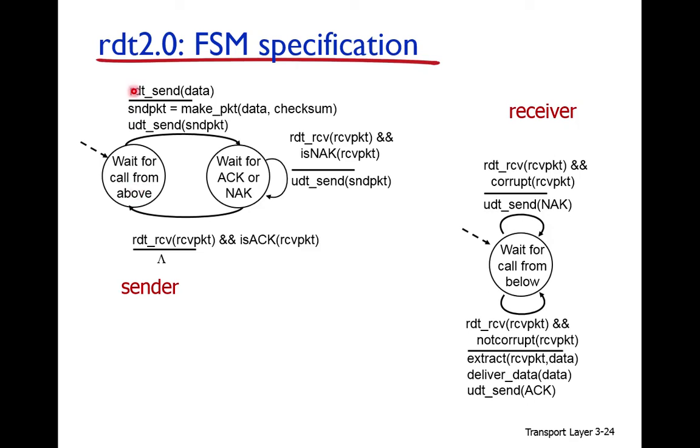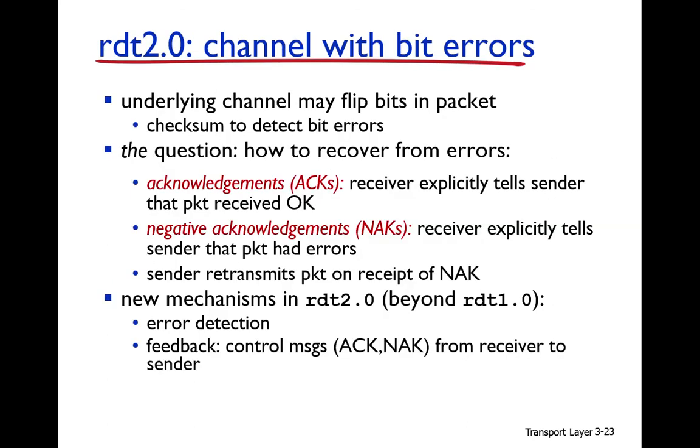So when the transport layer receives the data from the application layer, it makes the packets. But when it makes the packets, it also has to calculate the checksum. Why? Because the underlying channel can have bit errors, so we have to detect the bit error. How do we detect the bit error?